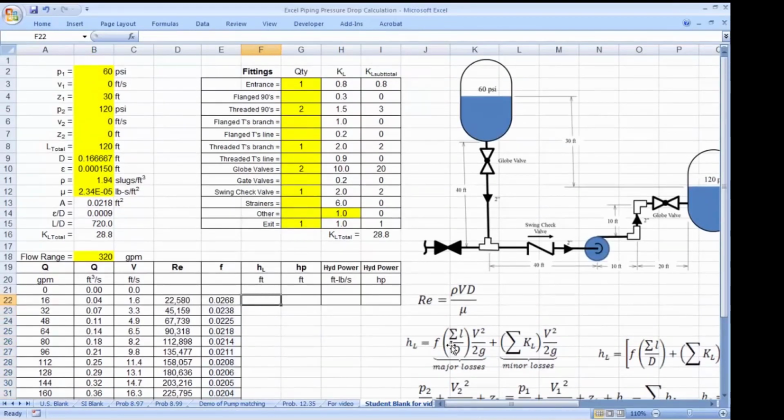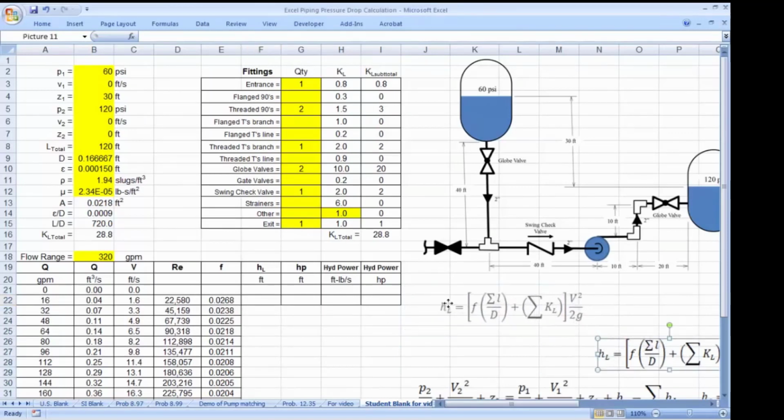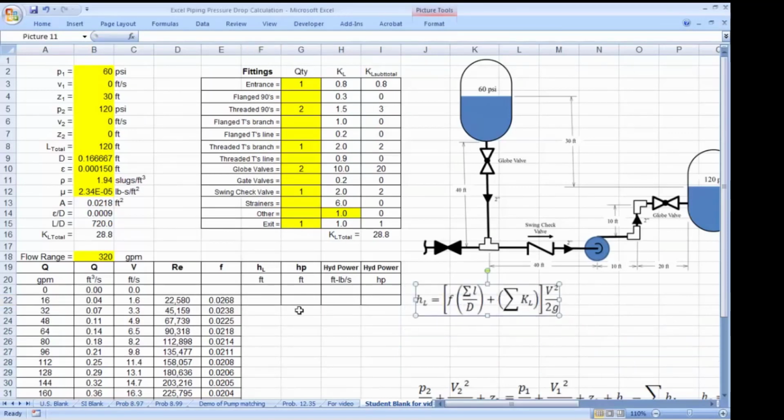Now we want to go for the head losses. We said that the head losses are major and minor. You notice the form of them, we could combine them, so I'm going to go ahead and do that. I'll say equals the quantity of the friction factor times L over D with the double dollar sign, and then I'm going to add that.